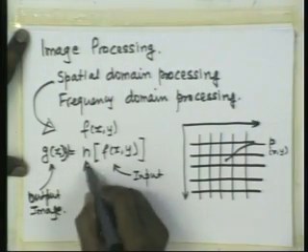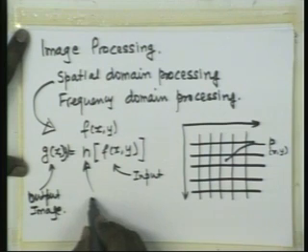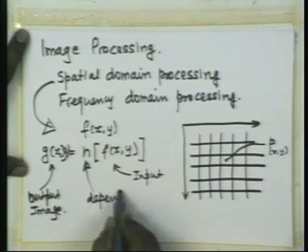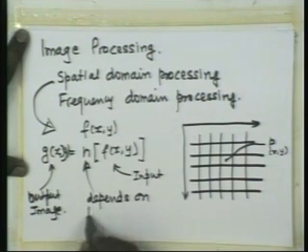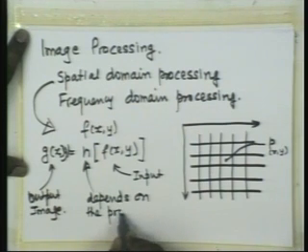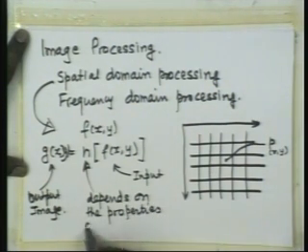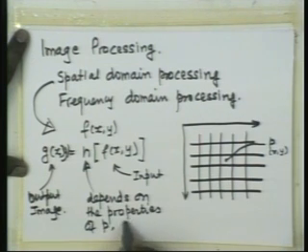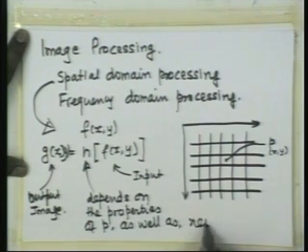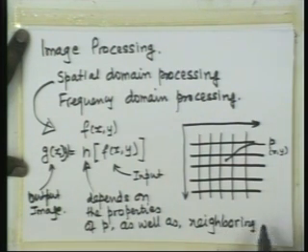This function h basically depends on the properties of P as well as the neighboring pixels.